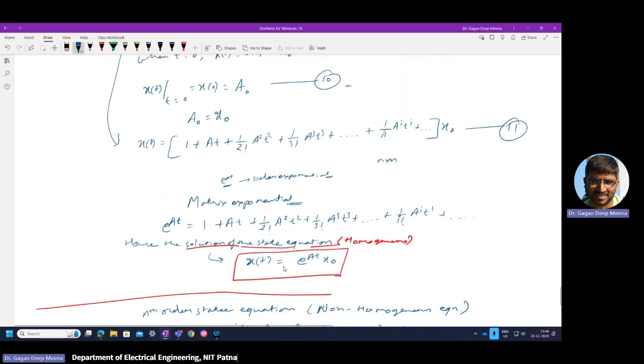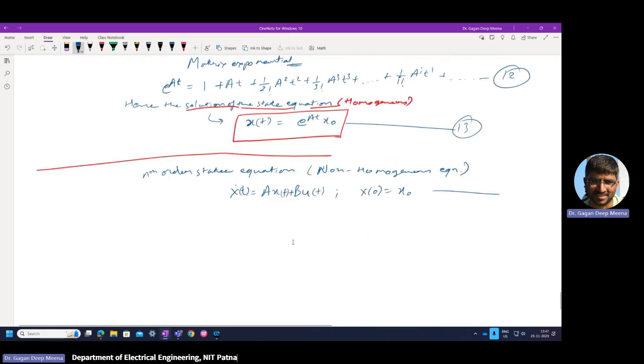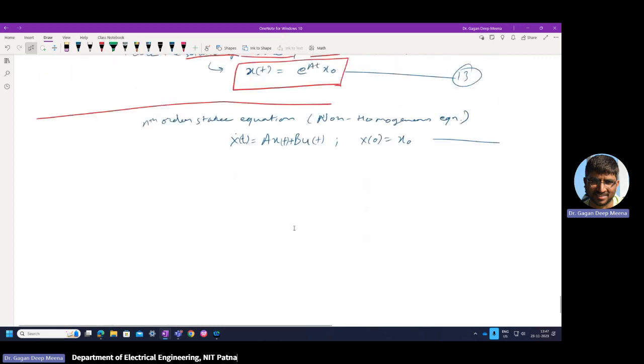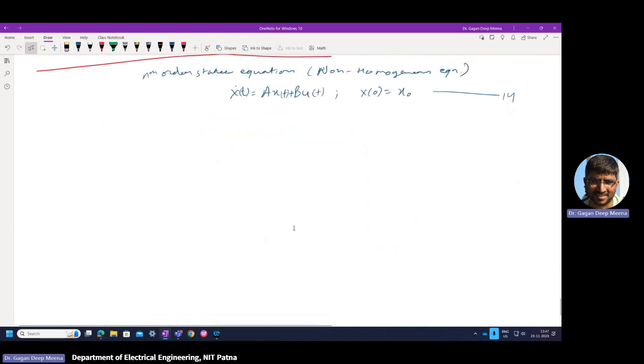This is your equation number 12, and that's your equation number 13, so I'll keep this one as equation number 14 in our case. So this is the equation, and we would like to solve it and find the solution, where x0 is nothing but the initial condition vector.